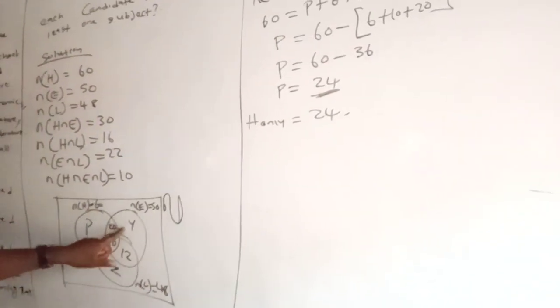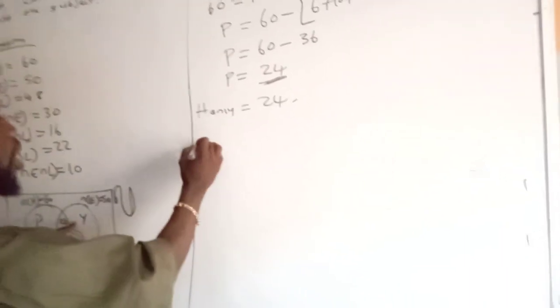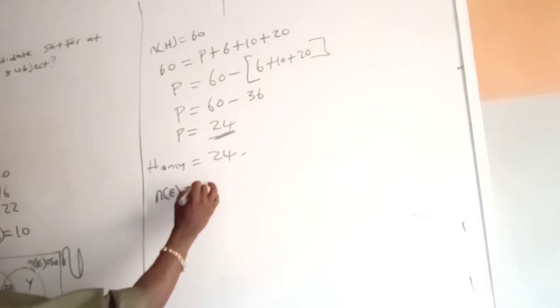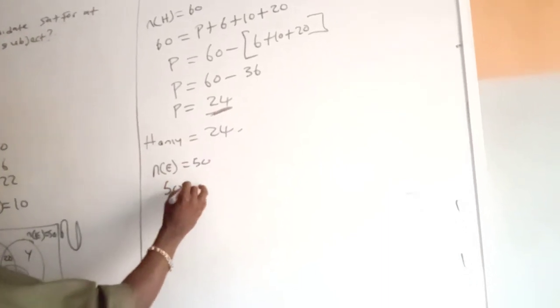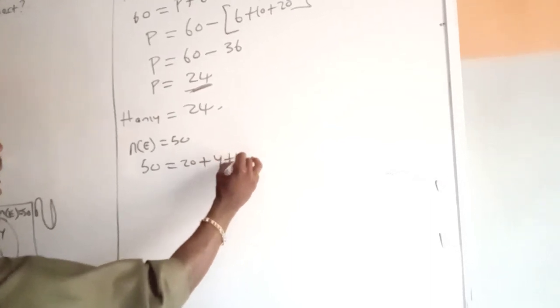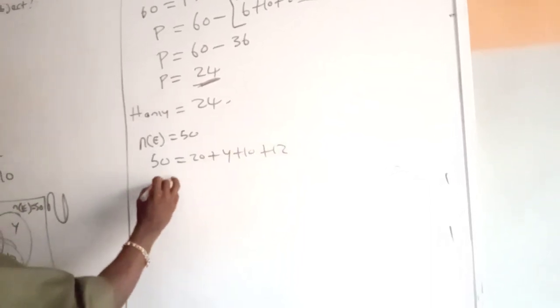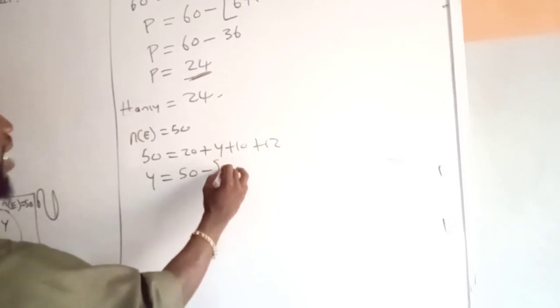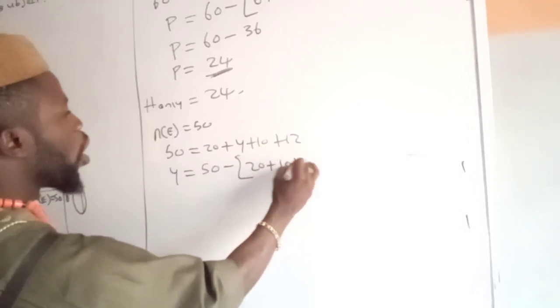Let's go to the second one, economics only. So economics only, we have n of E equals 50. That 50 equals 20 plus Y plus 10 plus 12. Our Y will be equal to 50 minus, open bracket, 20 plus 10 plus 12.